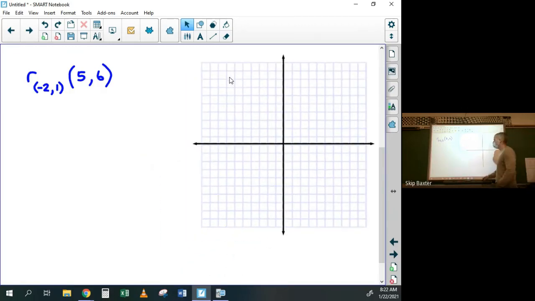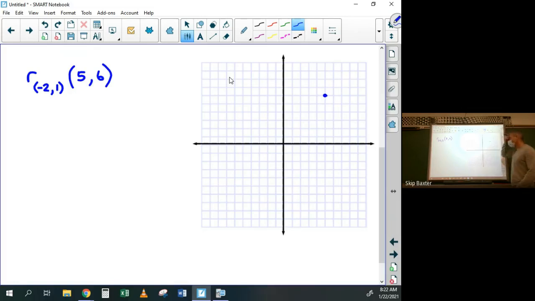So what they're saying is start at 5, 6. That's here. And reflect across the point -2, 1. So -2, 1 is here. The best way to do this is to use slopes, right? So if this is the point I'm starting with, A, this is the point of reflection, P.